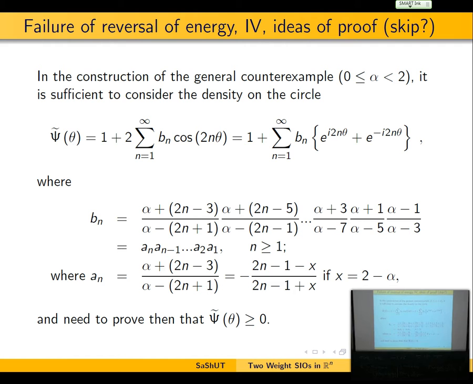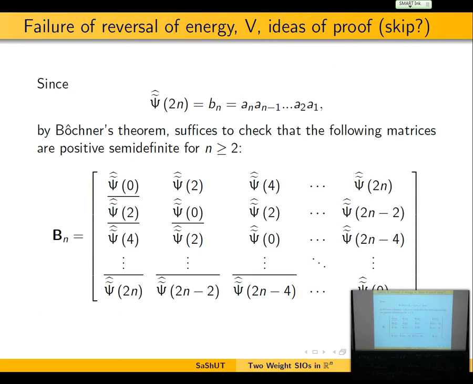As soon as this density is positive, you immediately get a counterexample. I'm obviously skipping some steps. These b_n are certain complicated coefficients. Then it is necessary and sufficient, actually, that the following matrices are positive semi-definite.